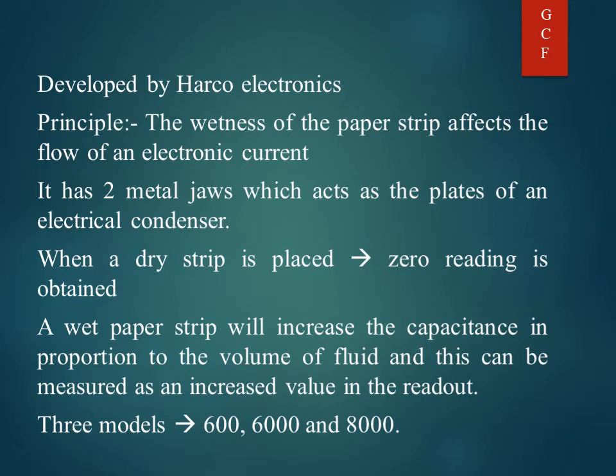This was developed by Harco Electronics. Basically it's the flow of the electronic current which is dependent on the wetness of the paper strip. When a dry strip is placed, you get a zero reading. When a wet strip is placed, the increase in the reading is based on the volume of the fluid, and it can be measured. A lot of models are there in Periotron, 600, 6000, 8000.